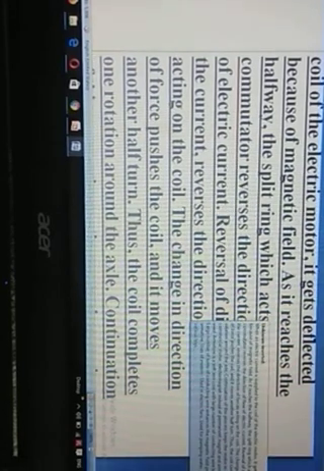Reversal of the direction of electric current reverses the direction of force acting on the coil. The change in the direction of force pushes the coil and it moves another half turn.